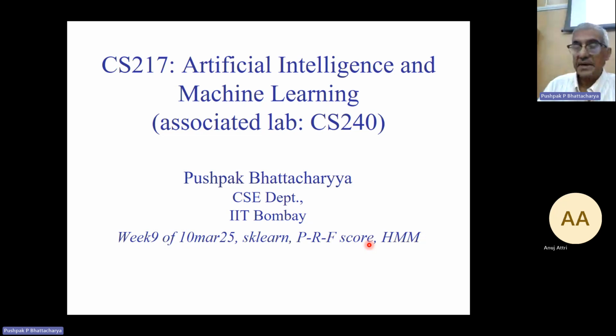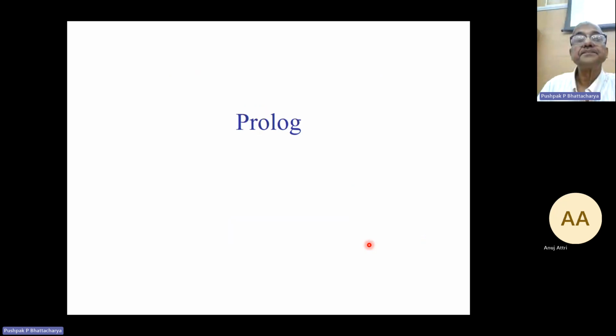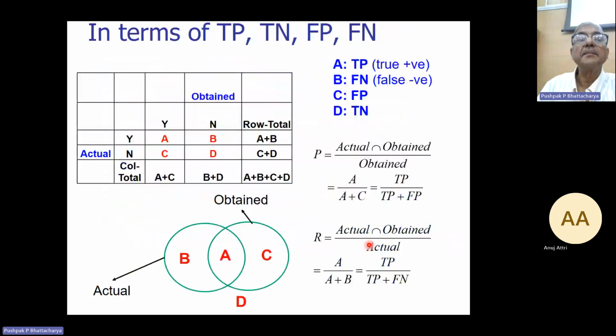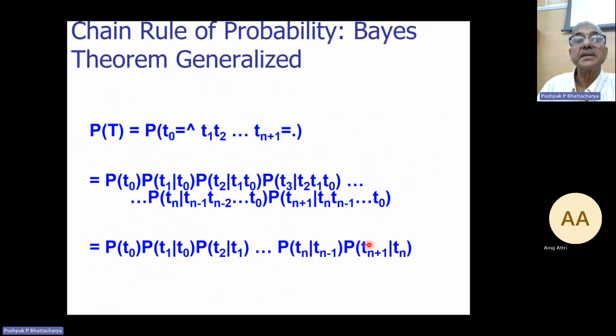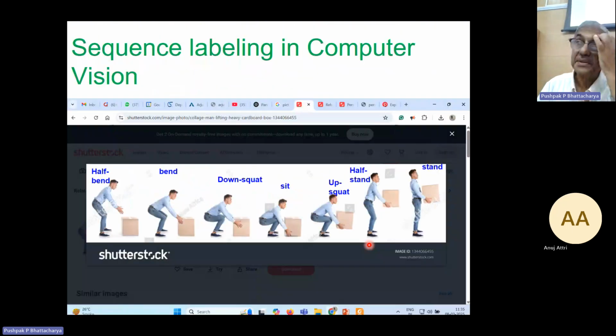Then we started hidden Markov model, and in hidden Markov model, the main task is to do sequence labeling. We took two examples, one from computer vision, where this sequence of postures is showing how a person is going through a sequence of postures, finally lifting a box and standing.